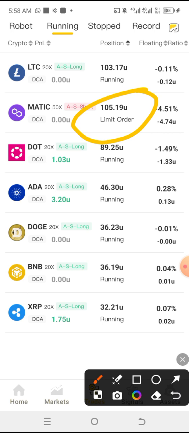What I mean is when it sells, you'll be getting more profits, but it might take you longer sometimes to get the profits.